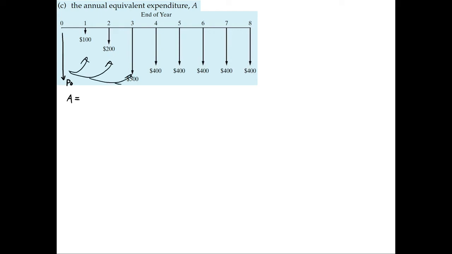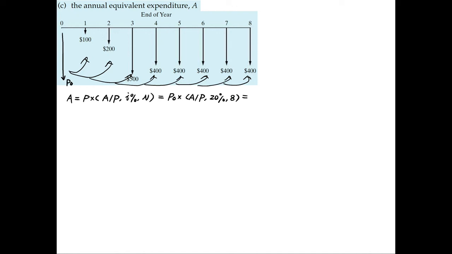So you only need to distribute this present value to annuities. To find annuity given P, the equation is P times a factor A/P, i%, N. P is P0, A/P 20%.